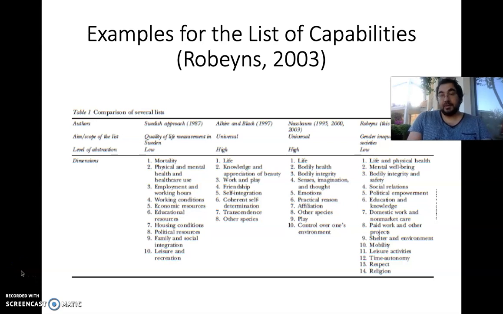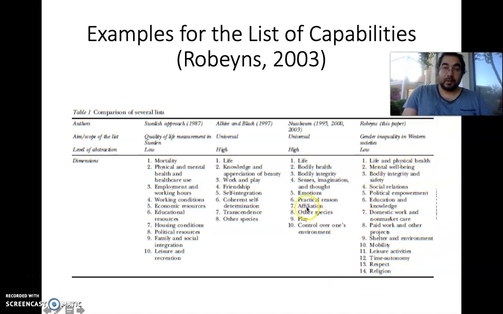Last time we have seen the list created by Robbins. Here you see it recreated on the side, and on the other side you see the other lists created by other people.